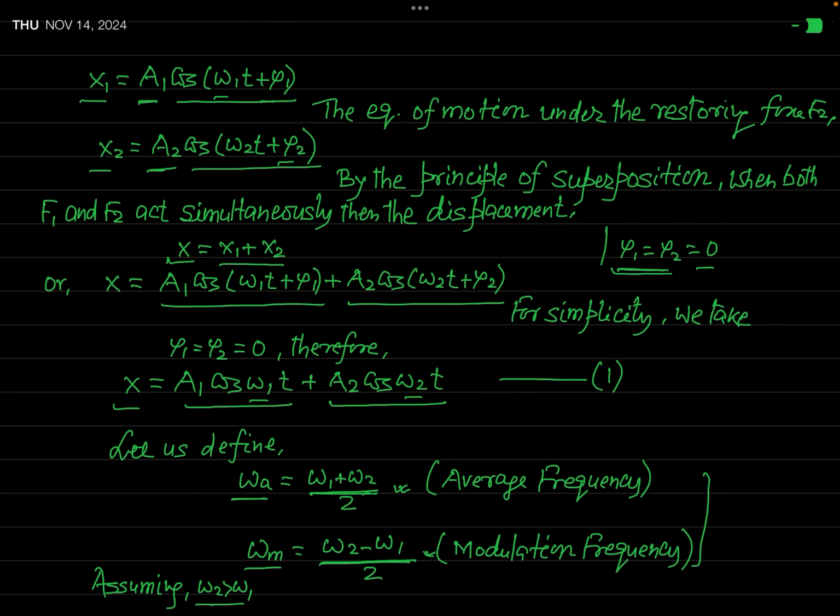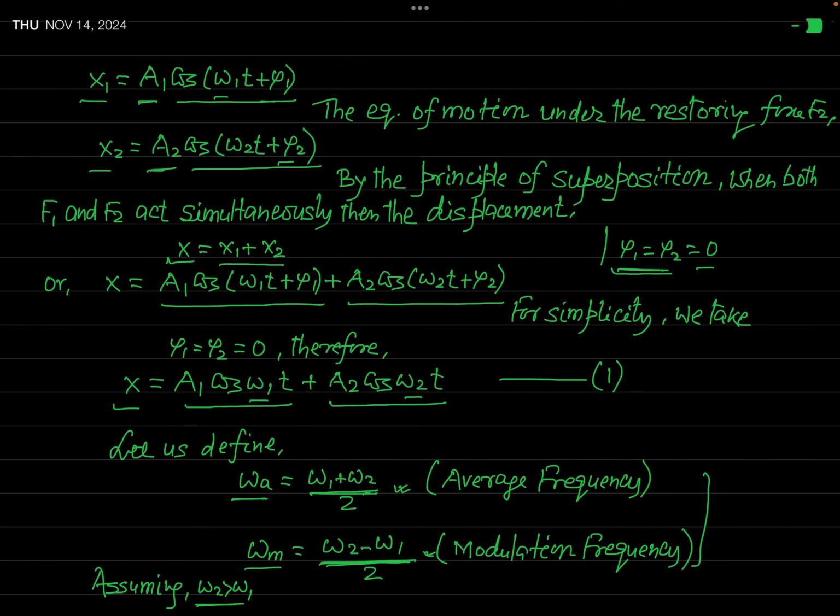If you assume that ω1 is greater than ω2, then you should take ωm equal to (ω1 − ω2)/2. But since our assumption is ω2 is greater than ω1, we take ωm equal to (ω2 − ω1)/2.